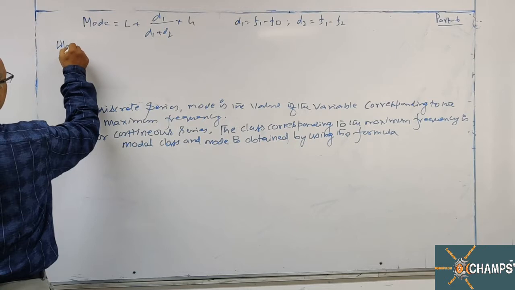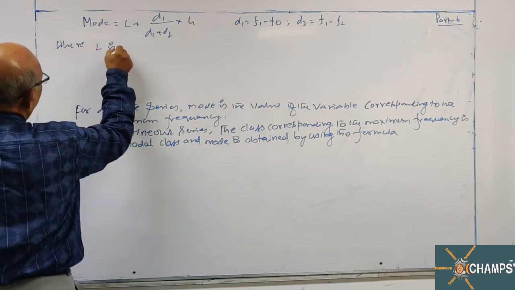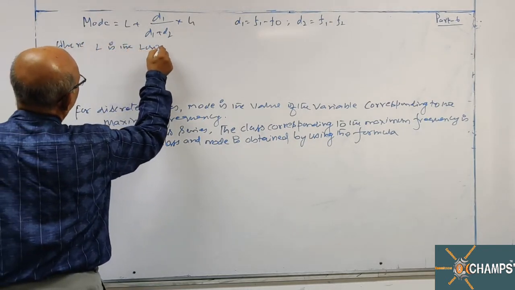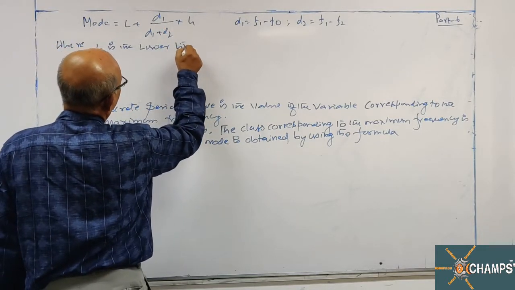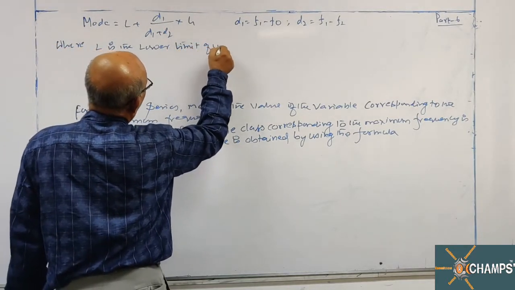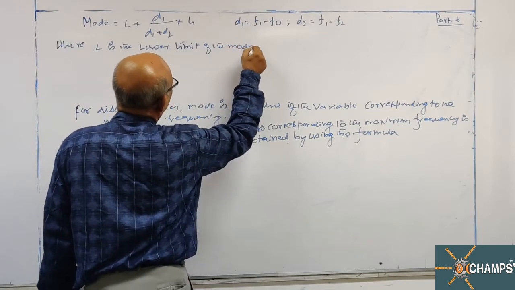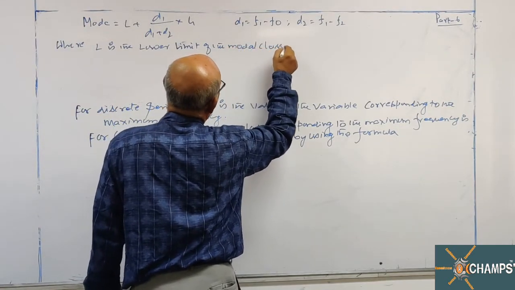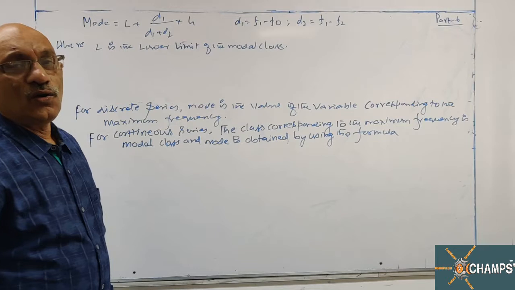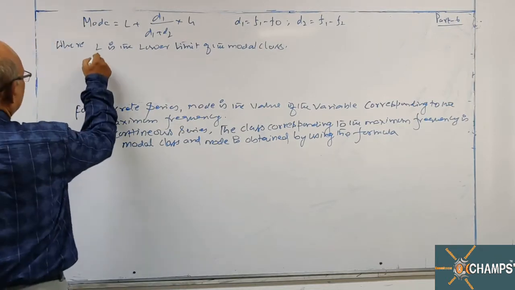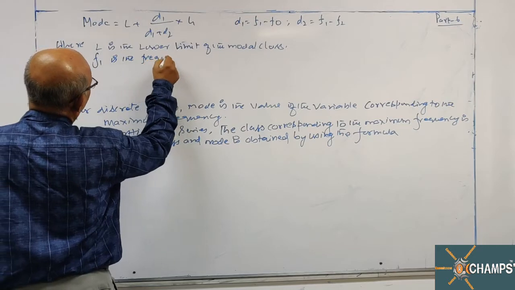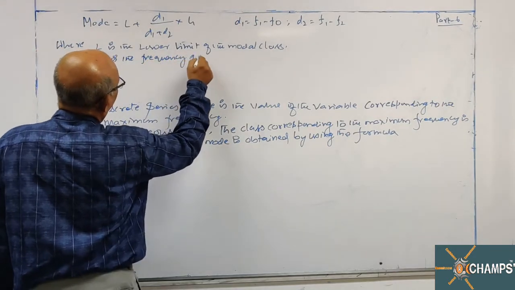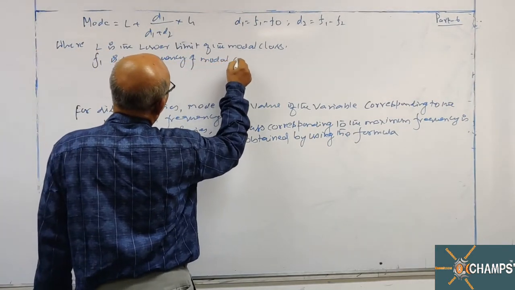where L is the lower limit of the modal class. F1 is the frequency of the modal class.